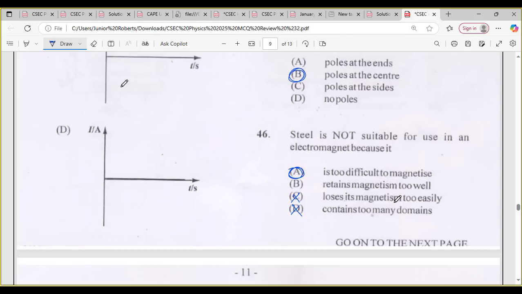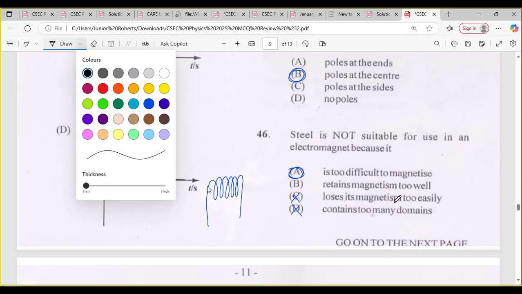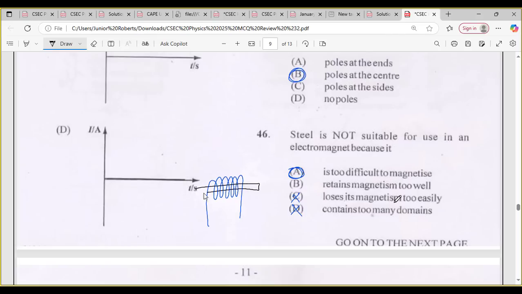An electromagnet is merely a coil with a metal through its center. Now, in the case of steel, because it is not readily magnetized, it is not easily magnetized.